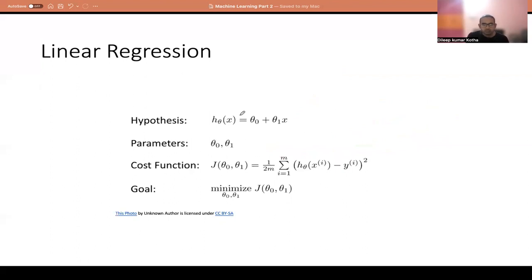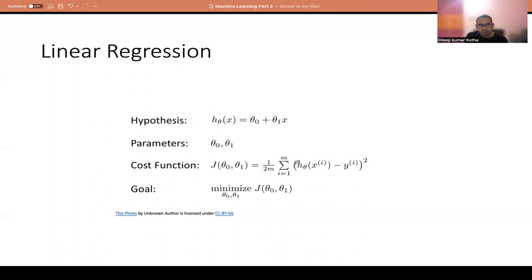So here the hypothesis is theta 0 plus theta 1 x, because we want to fit a straight line into our data. The parameters are theta 0 and theta 1. The cost function is nothing but, here i you can assume to be the ith training data, and h of xi represents the calculated output for a given input training data of xi, and yi is the expected output.